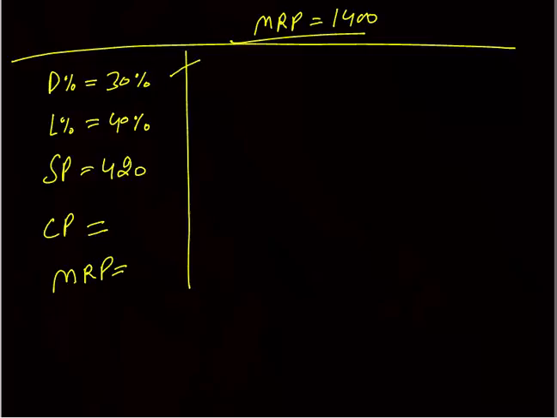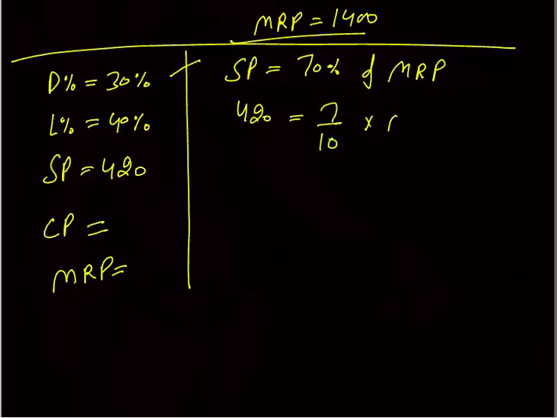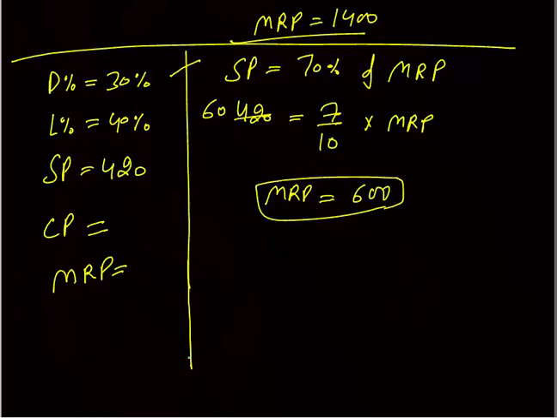Again, whenever there is a discount of 30%, selling price would be 70% of MRP. Now 420 will be equal to 7 by 10 of MRP. The 7s, this is 60. So MRP will be straight away 600 without doing any kind of complicated formula.